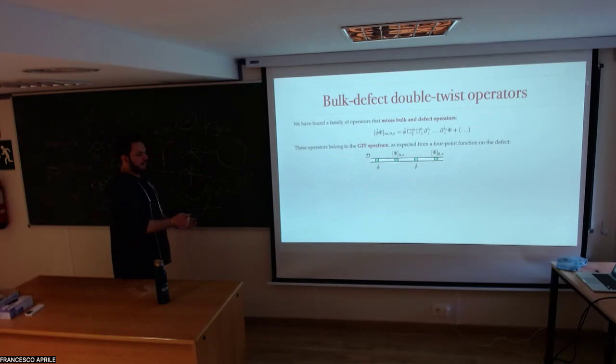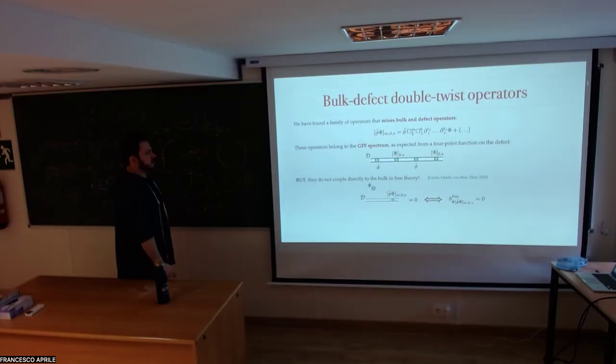If you perform the same lightcone bootstrap analysis inside the defect, you realize that in one channel you have the identity exchange, and to reproduce it in the direct channel, in the cross channel you need to sum over a specific family of operators, the double twist operators, which are exactly the double twist operators that we found.